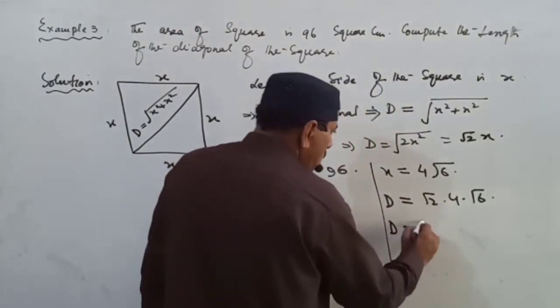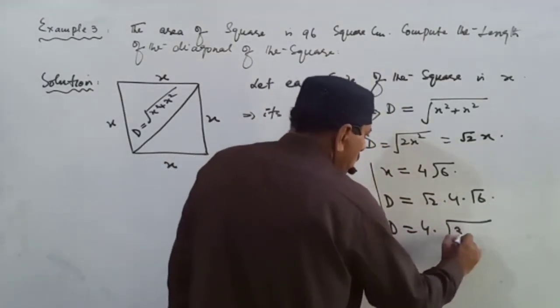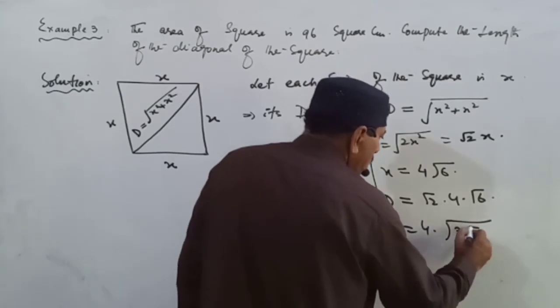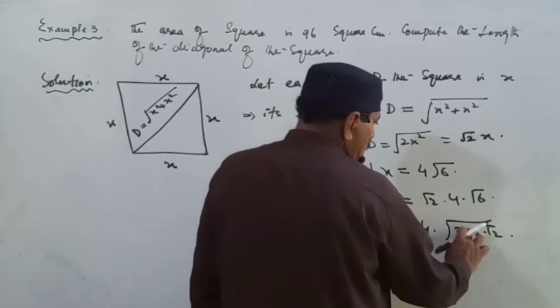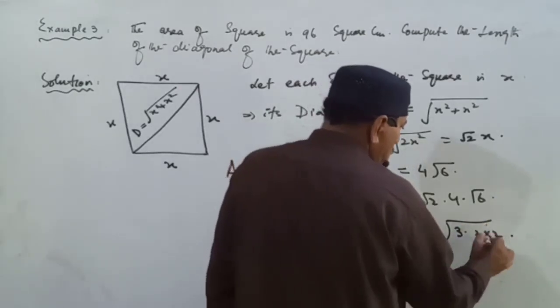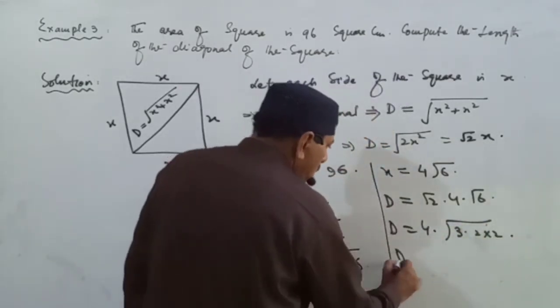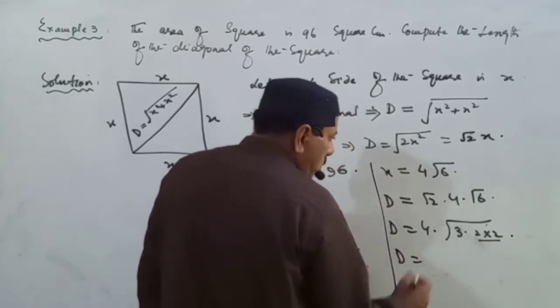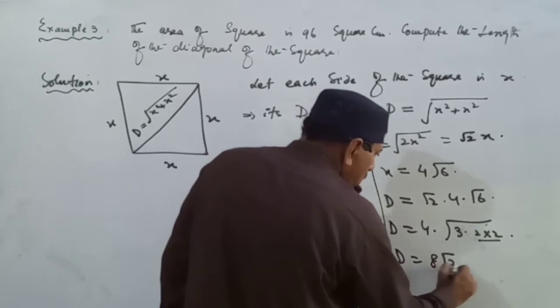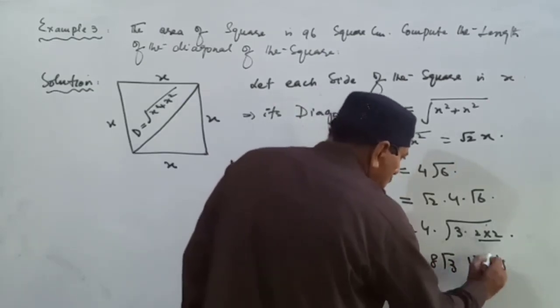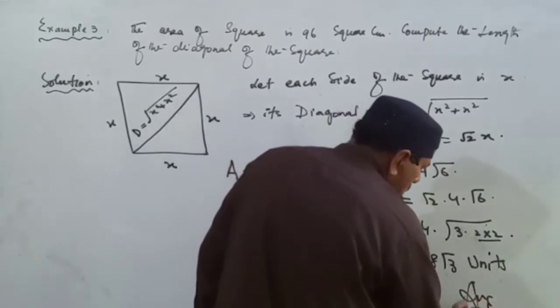So diagonal is equal to 4 into radical 2 into radical 6, 4 into radical 2 into radical 2 into radical 3, under radical 2 into 2, so diagonal is equal to 8 radical 3 units. Okay.